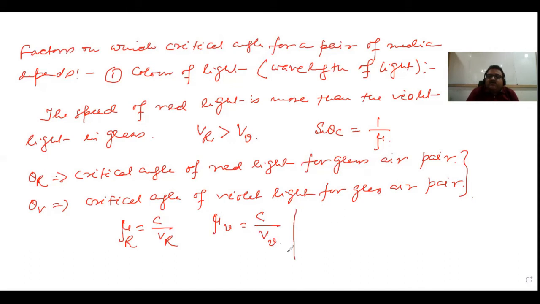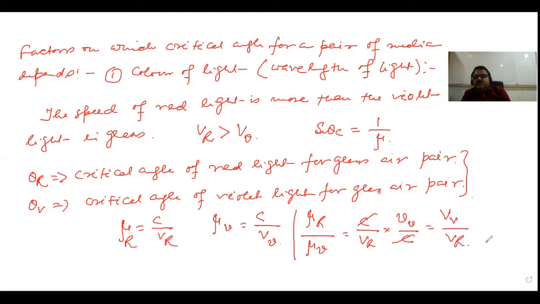Now, if I find the ratio of it, mu R by mu V, which would be equal to C by VR into VV by C, C gets cancelled. Therefore, velocity of violet by velocity of red. Now, which is larger? Velocity of red light is more than velocity of violet light.